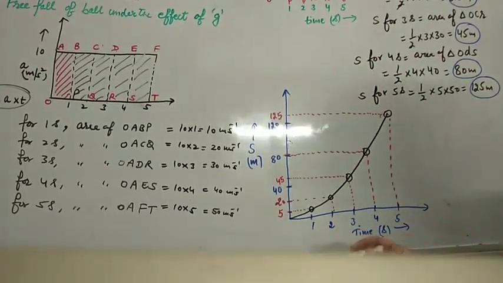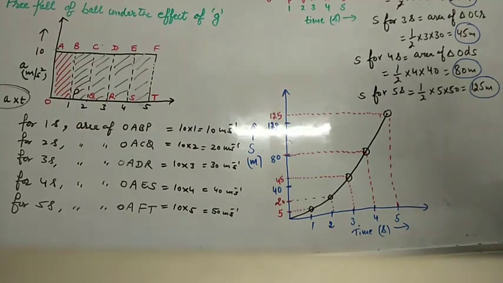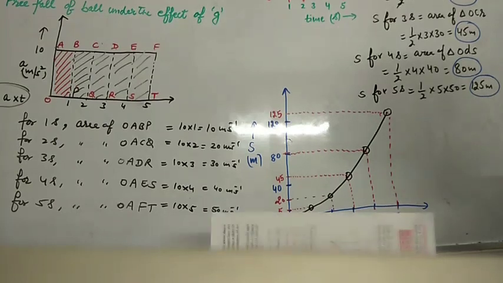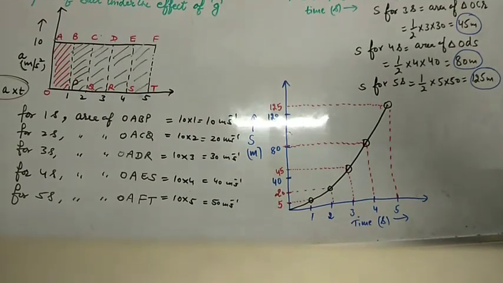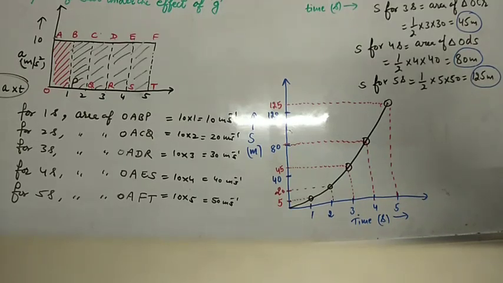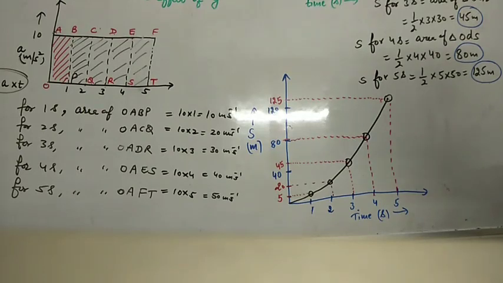So all are interrelated. From the displacement time sketch we can get the velocity time graph, and from the velocity time graph we can get the acceleration time graph. So with this, B part of the motion in one dimension chapter is over. In the next video we'll discuss C part, that is the equations of motion. Thank you.